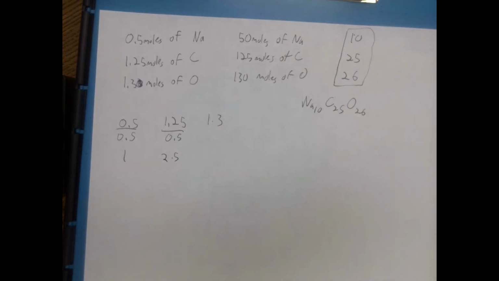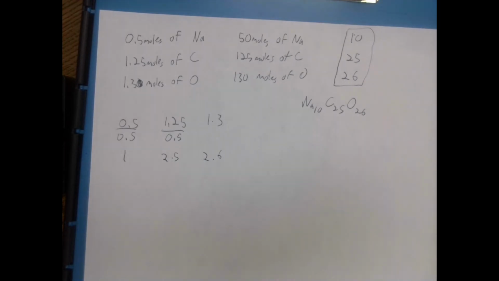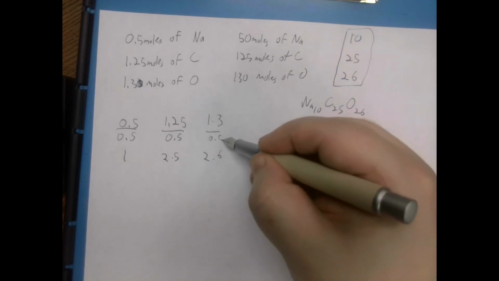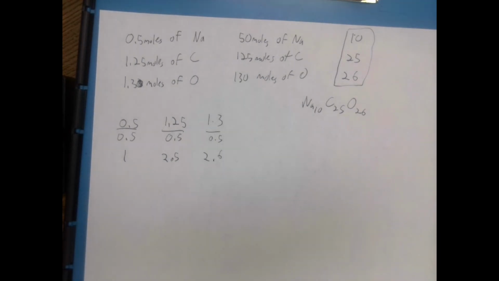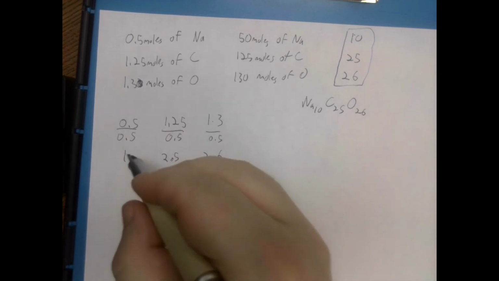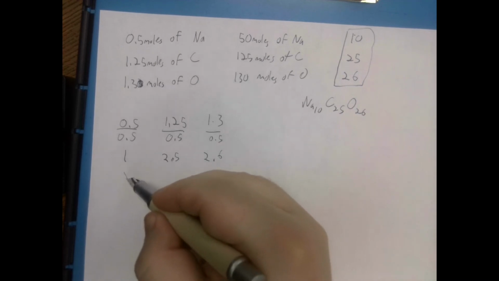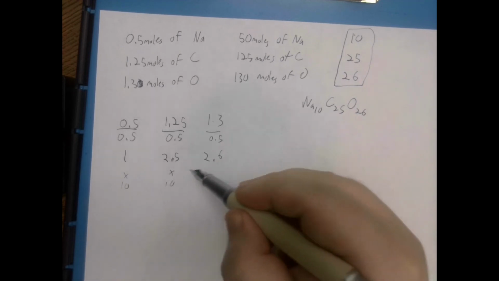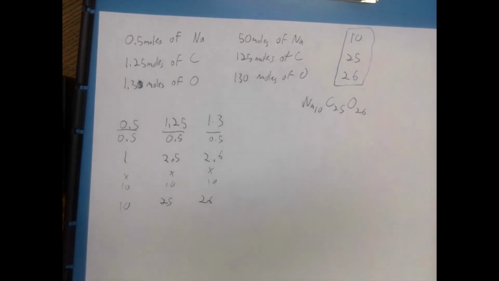And 1.3 divided by 0.5 is 2.6. So we're going to have a 1 to 2.5 to 2.6 ratio. The number we can multiply all these by to have no more decimals is 10, which gives us a ratio of 10 to 25 to 26.